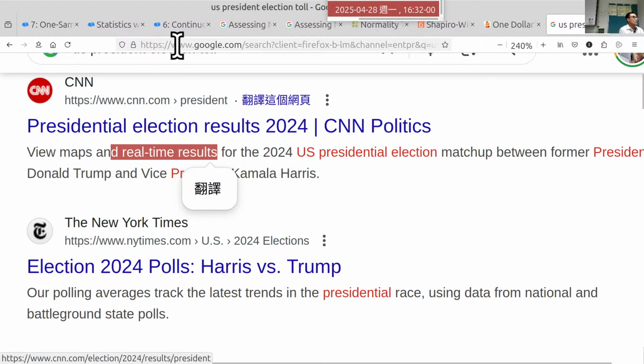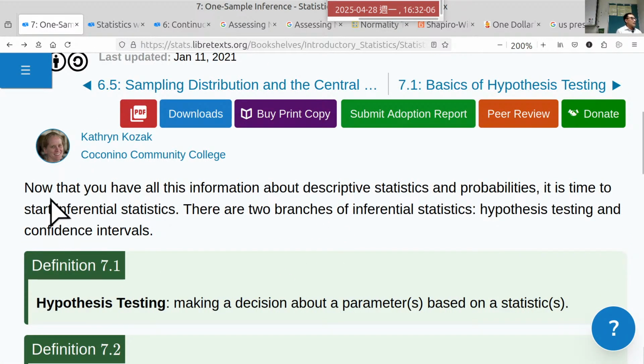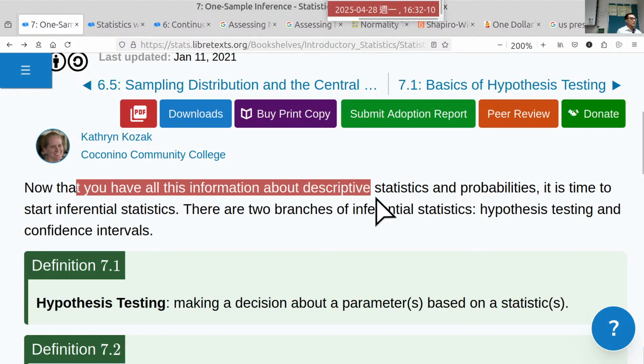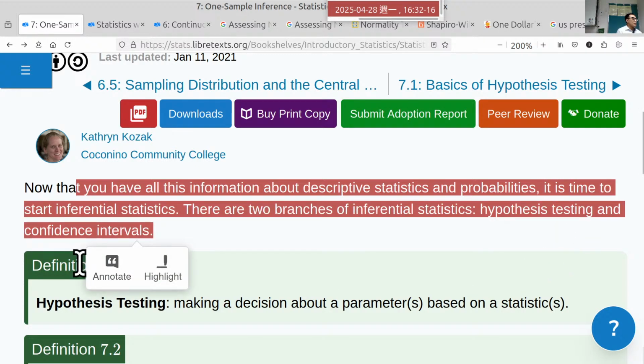Now let's move to our one-sample inference. Now you have all this information about descriptive statistics and probabilities. It's time to start inferential statistics. Inferential means with limited information, with a small amount of information, we try to infer the big picture.